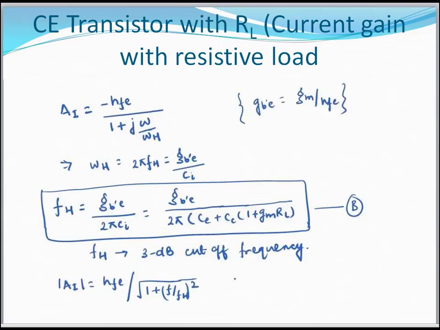So if you see this equation, AI is equal to hfe by, if you put f is equal to 0, then AI would be hfe, and at f is equal to fh, then your AI will be hfe by root 2, and at infinity it will be 0.